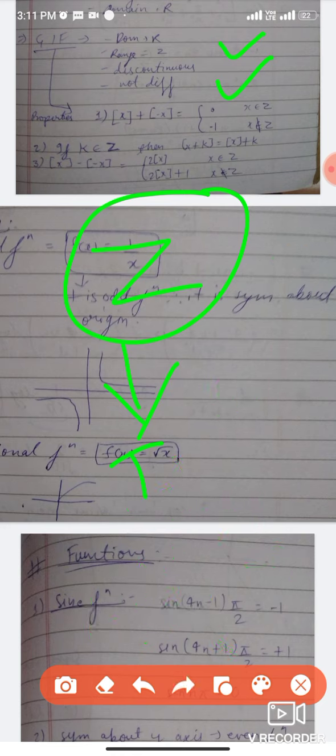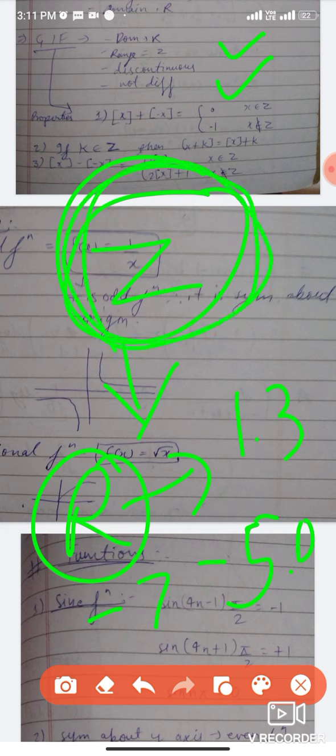And real numbers can be values like 1.3, minus 5.0, minus 7. All values in the universe are real numbers, but Z will not include decimal values, meaning only integers.